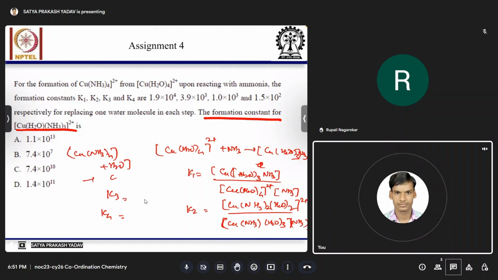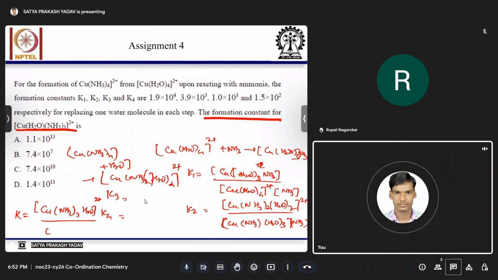Okay, it will give [Cu(NH3)3(H2O)]2+. So the required K will be [Cu(NH3)3(H2O)]2+ divided by [Cu(NH3)4]2+ times water.